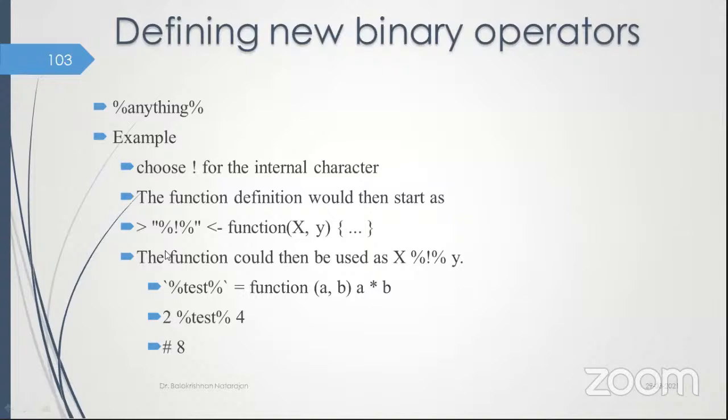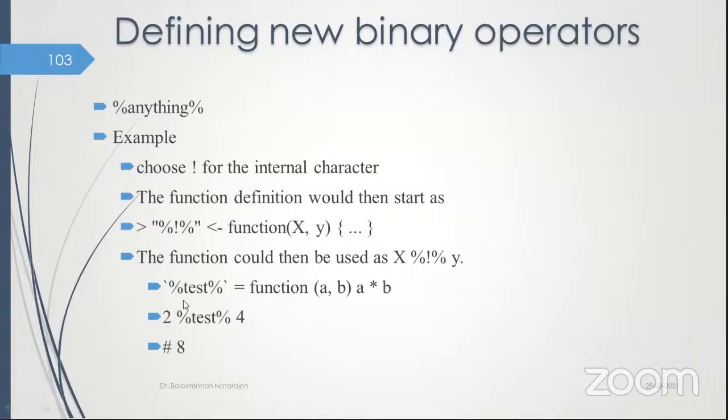Wherever you use that symbol, that operation will be done. Any symbol can be represented as an operator, but you have to define the function, what exactly it should do. Very simple: the asterisk is a binary operator which multiplies two different operands, and like that you can define a particular thing.